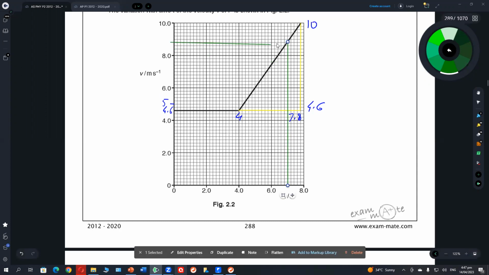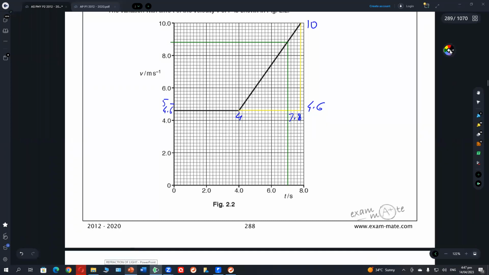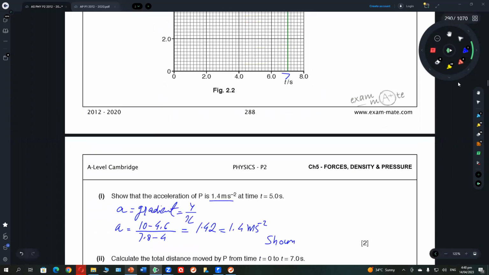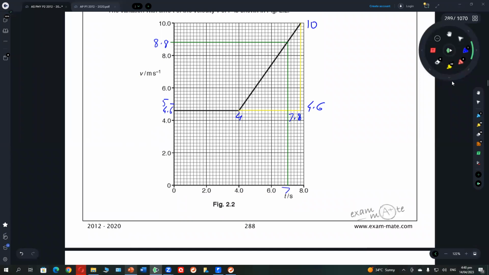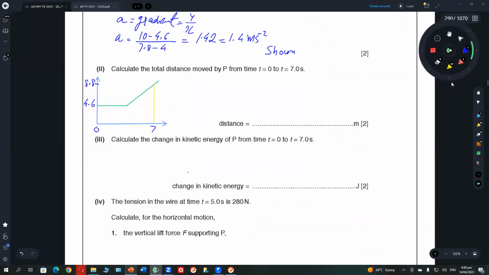I'm seeing 8.8 at 7. So it's 8.8 and 7 here. Now the picture is quite clear and we can mark it here: we have 7 and 8.8, and the turning position is 4.